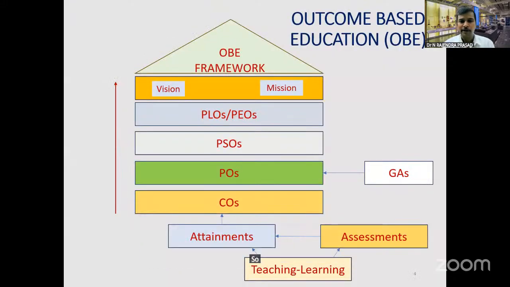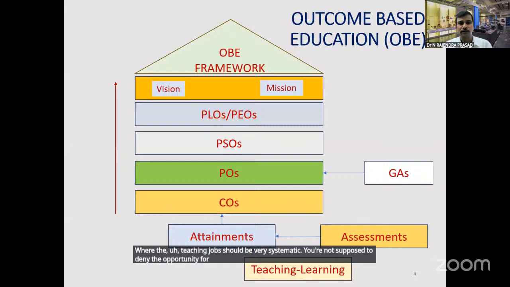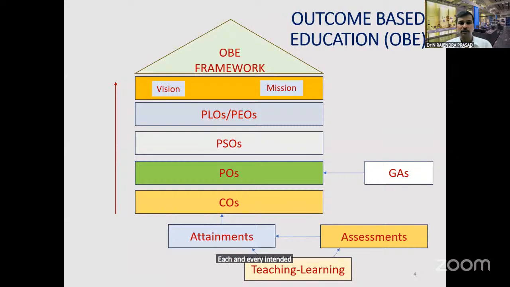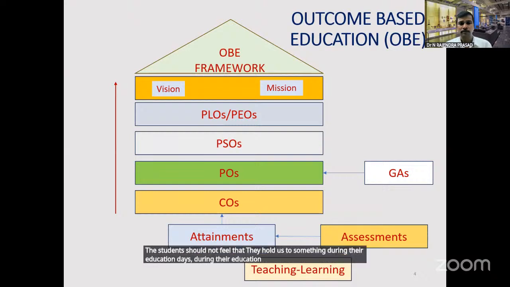In this arena, outcome-based education was designed long back, where the teaching job should be very systematic. You are not supposed to deny the opportunity to the students or to the learners. Each and every intended outcome is to be served to the students. The students should not feel that they have lost something during their education days, during their education tenure.